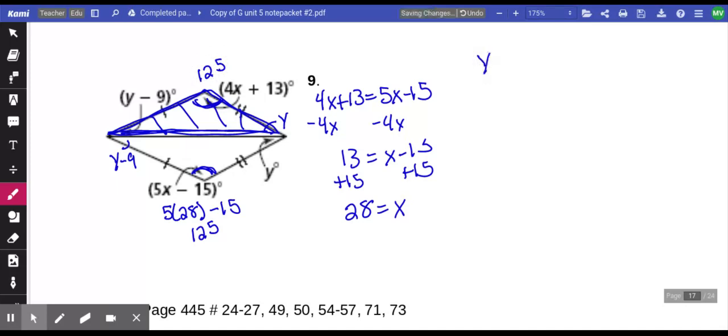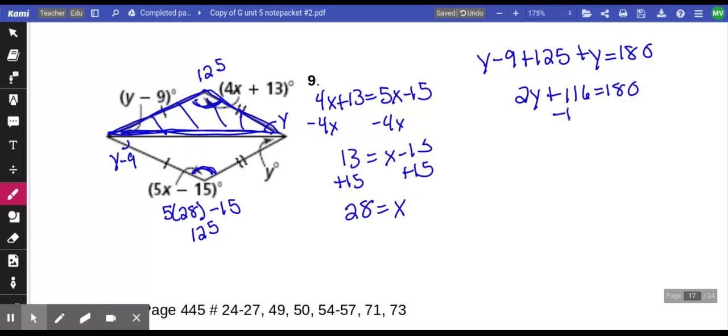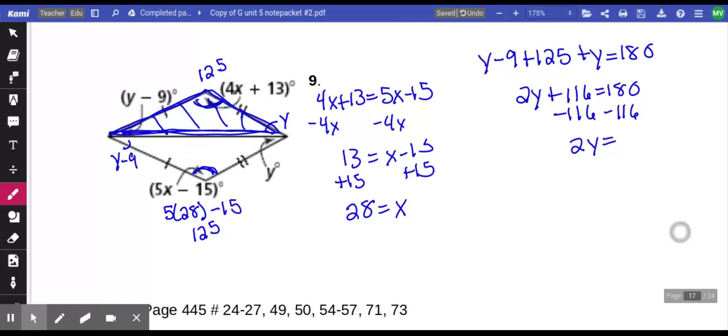So that means y minus 9 plus 125 plus y equals 180. So that's 2y plus 116 equals 180. Subtract 116. And I get 2y equals 64. Divide by 2. y equals 32.